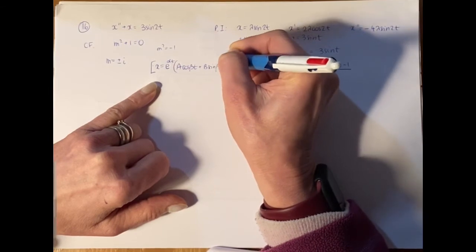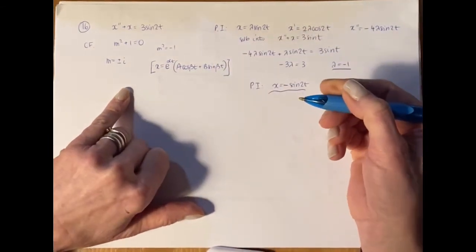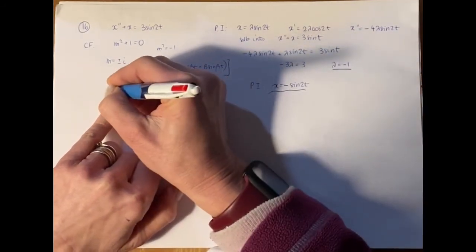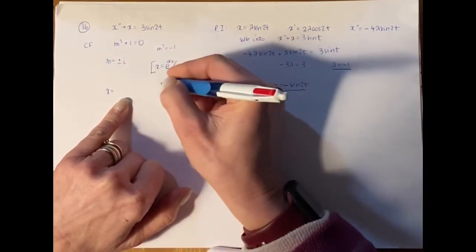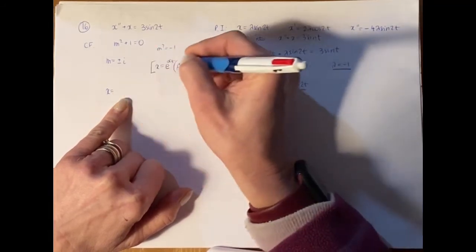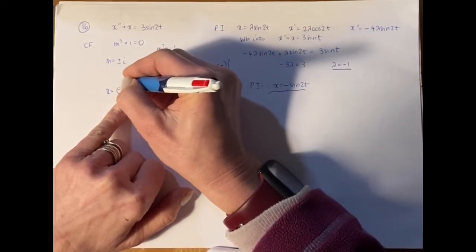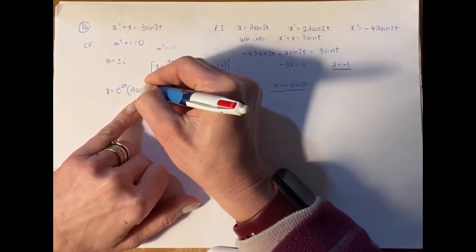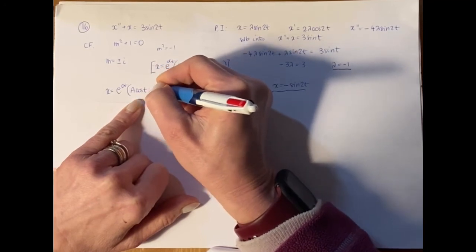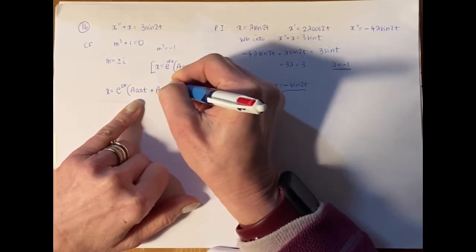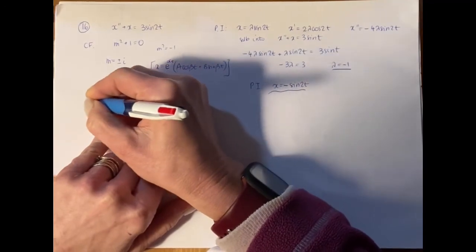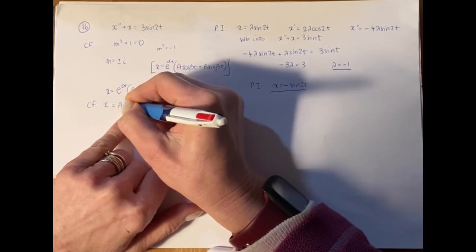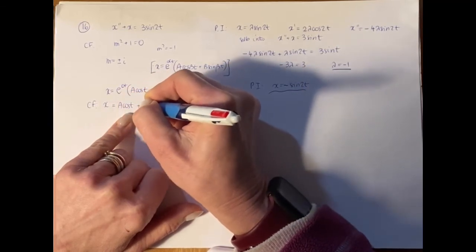That would be the solution to the homogeneous equation. So in our case, the real part is 0, so you have e to the power of 0t, which becomes 1, and then a cos t plus b sine t. So the complementary function of the general solution is a cos t plus b sine t.